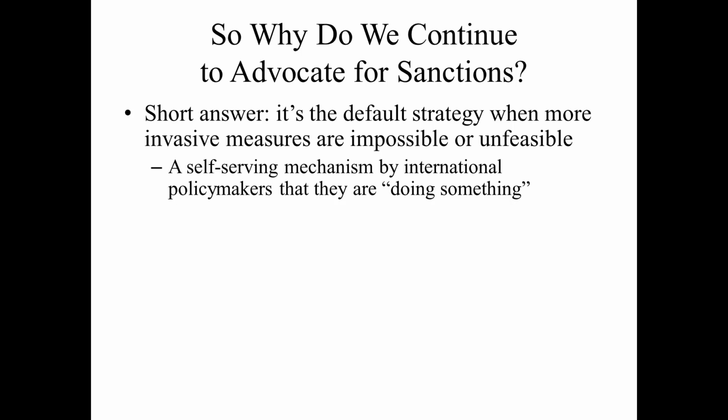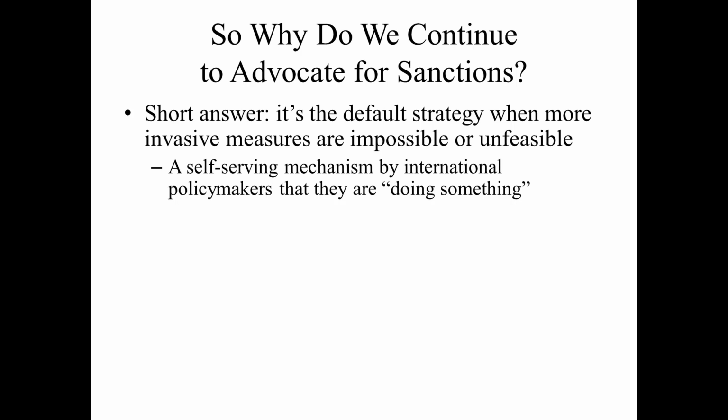And if nothing else, it's a self-serving mechanism by the international policymakers who could then turn to the media, turn to the press and say, well, we had to do something. There's no real collective will or support for military engagement, but we have to do something, right? And so left with whatever options that we have, this is the something that we're doing.